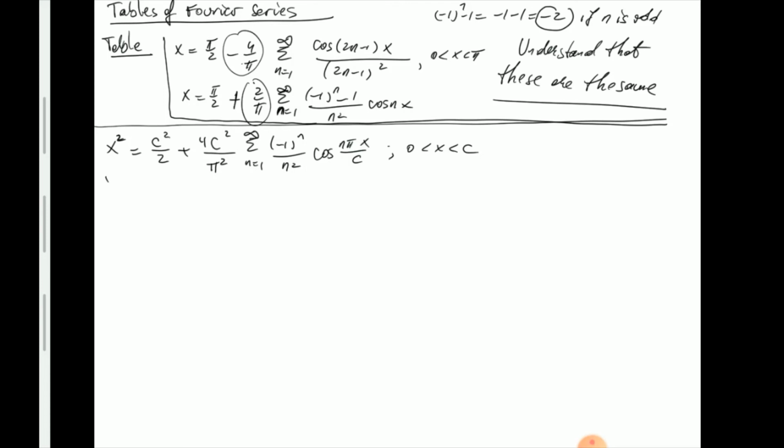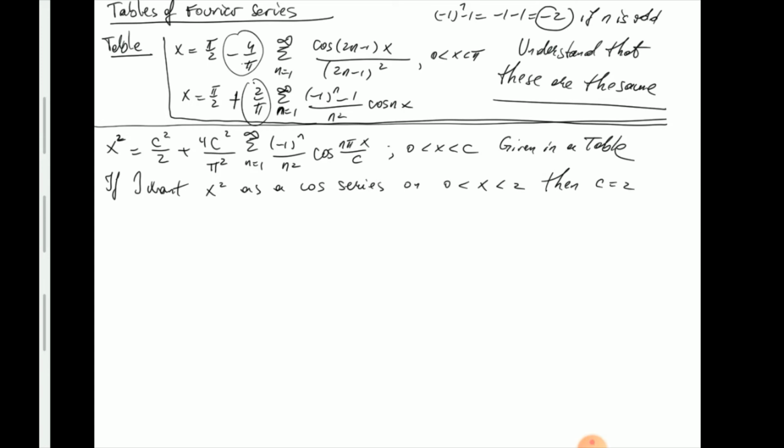So that's given in a table. If I want x squared as a cosine series on a specific interval, then I just replace c with the endpoint. Nothing fancier than that.